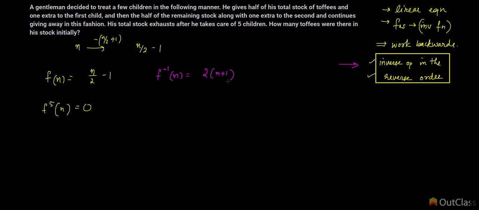What this means is the number of toffees I have before an interaction is twice of one more than what I had after the interaction. It's pretty easy because it's a linear function. Now if you call it g of n, just for the sake of giving it a new name, essentially your answer is g of 0. If you evaluate it, you will get it as 62. You don't need to do any of this, just saying that this is one way of looking at this problem.